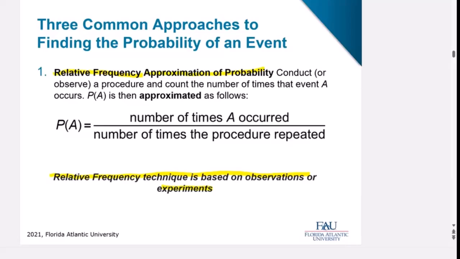Observations are experiments. It's not based on theory. If I wanted flipping a coin 100 times and find out the probability of heads, then I have to flip that coin 100 times and count them. So relative frequency is the same as I'm going to conduct an experiment.